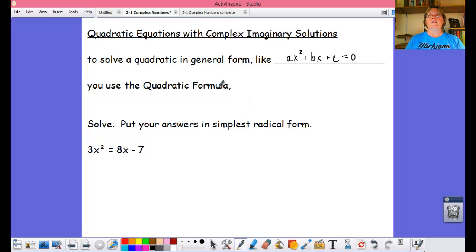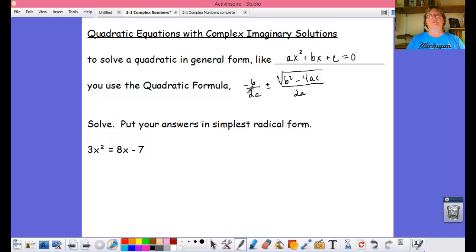The quadratic formula many of you will remember by song, and I don't get the song, but you guys can. I just know the formula says you take the opposite of b over 2a plus or minus the square root of b squared minus 4ac, and all of that is over 2a.